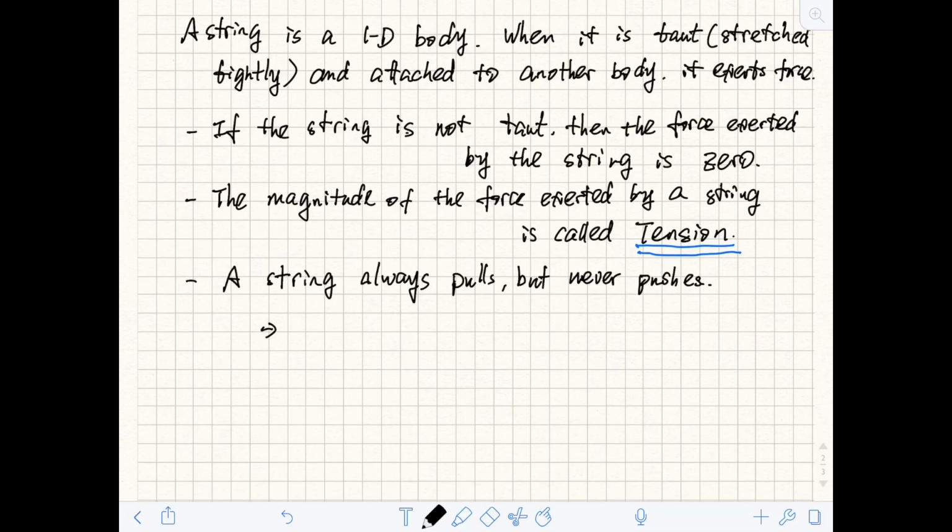So here I want to introduce two new concepts: straight string versus a curved string.